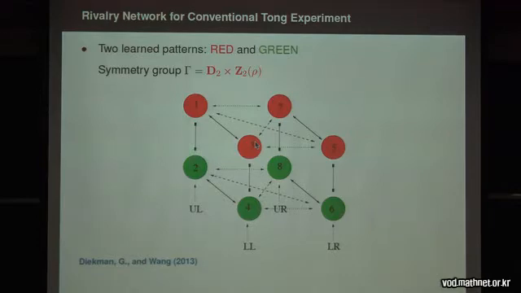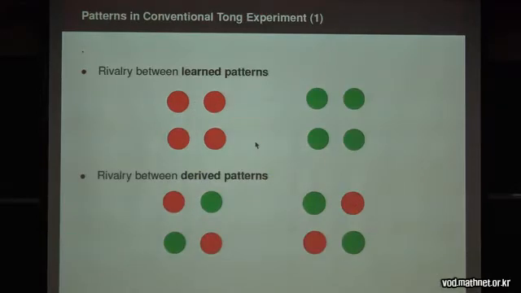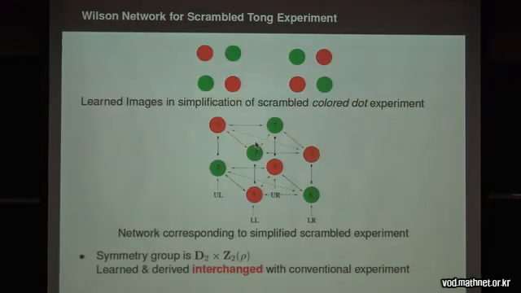And now if you ask, well, let's do this Hopf bifurcation with this symmetry group, you get the derived patterns along with the learned patterns. Okay, what happens if you show people these images, which is the mixed pattern in this? Well, then, whether you put the red dot on top or the green dot on top is immaterial from a mathematical point of view. It's the connections.